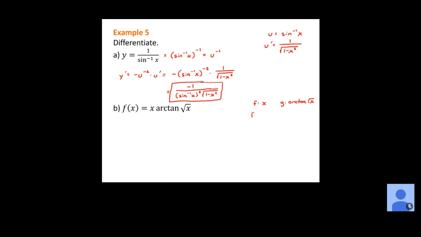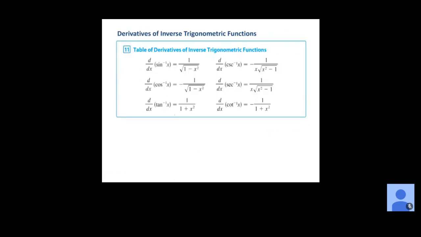Okay, so f prime, that one's basic. That's just 1. And so now we could do a u substitution on the g function to find its derivative. So we'll say this is the same thing as arctangent of u, where u is equal to the square root of x, or x to the 1/2. All right, so then just to remind you, derivative for arctangent is right down here. So that's going to be 1 over 1 plus u squared in this case.